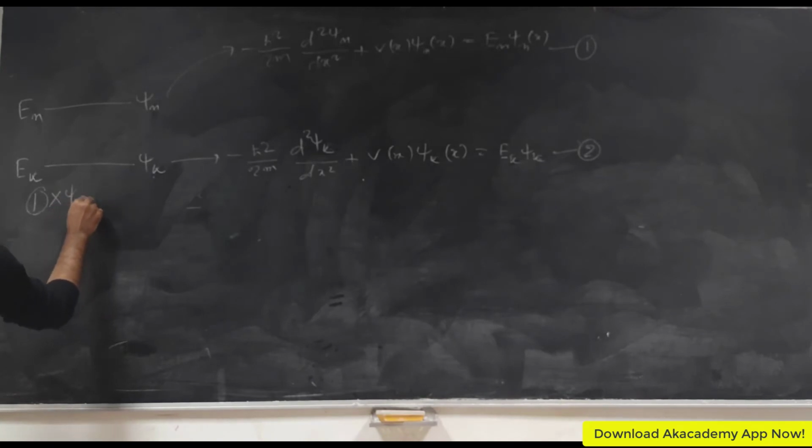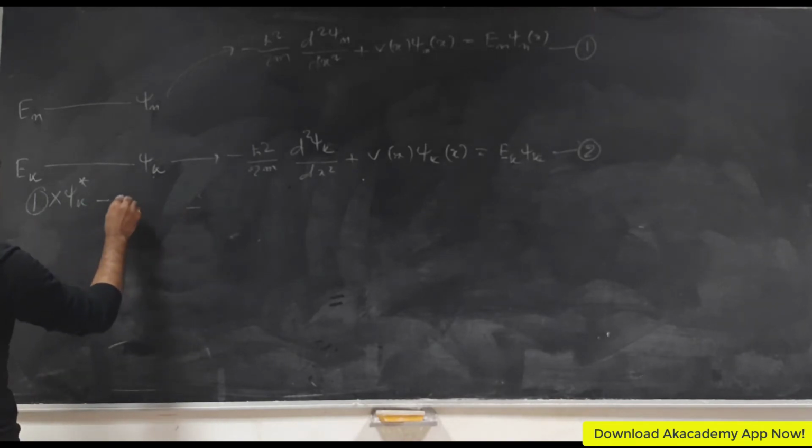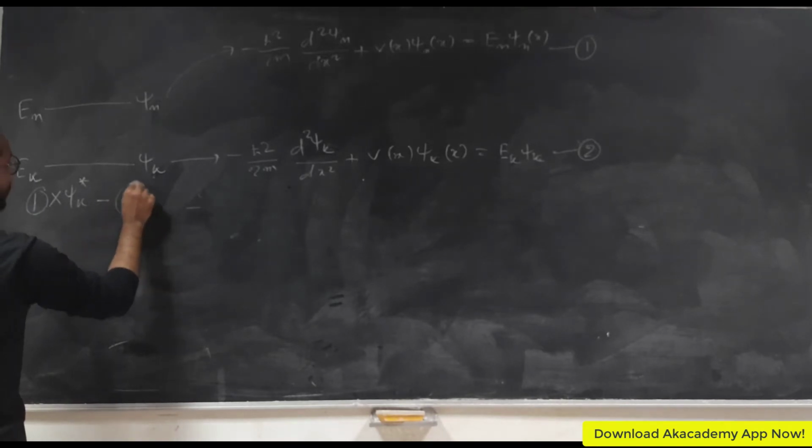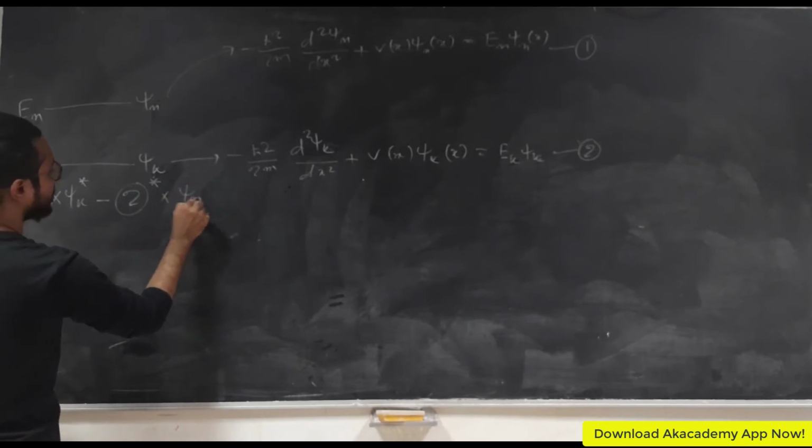Psi k star and minus... We will take the complex conjugate of the second equation and multiply it by psi n.